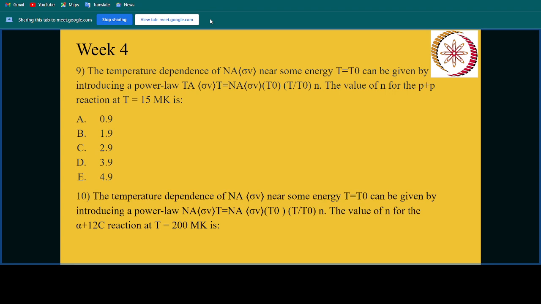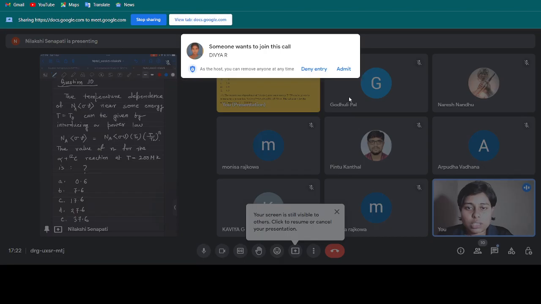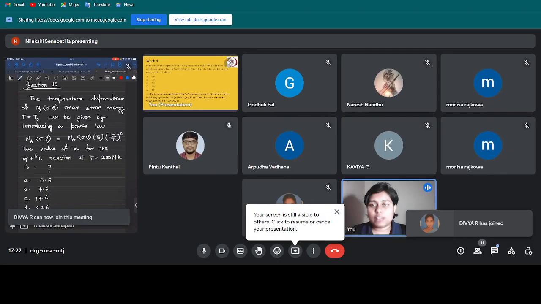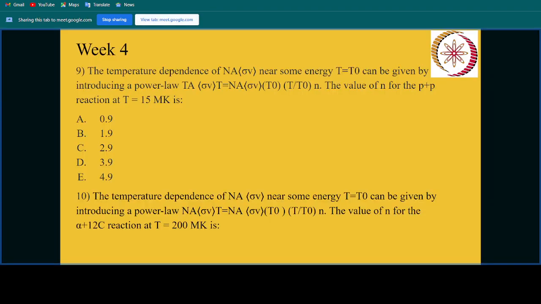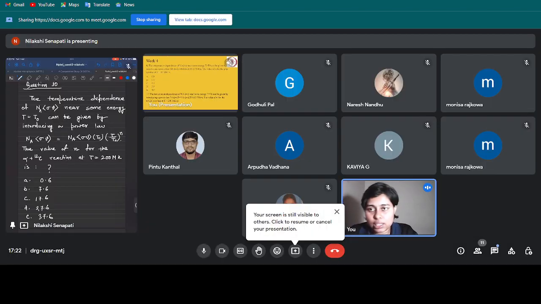If anybody has already done this, then please let me know. I have already shown this problem in the previous class, but I told you guys that I will go through it once again, as last time I ended up doing it in a very hurried manner. So I'll discuss it again today.